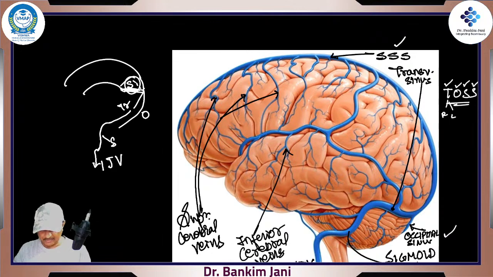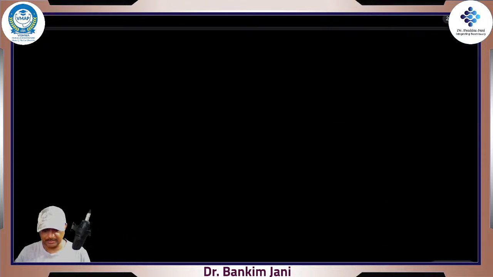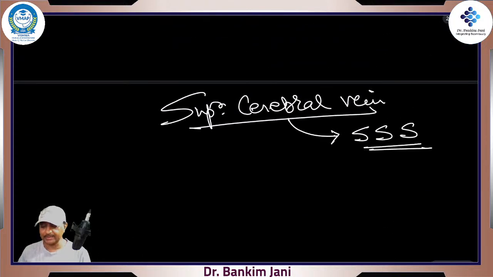So these are the veins, and then we want to talk about the superior cerebral. Over here, we were writing, superior cerebral veins, they drain into the superior sagittal sinus. Done, right? And these superior cerebral veins, what will they be taking care of?